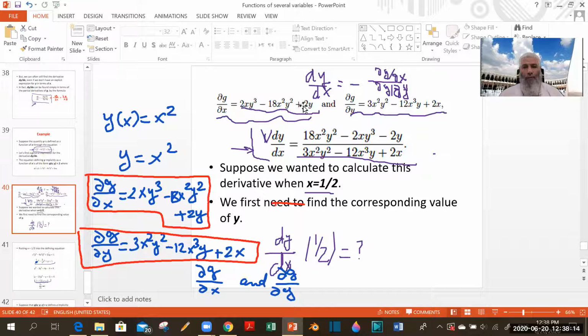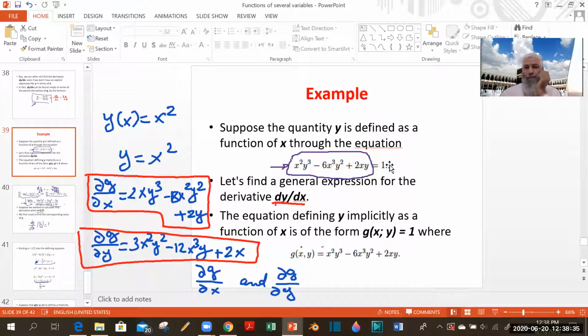And we calculated this like we did, and calculated this like we did. Now, dy dx is negative this. I write it in green color. So dy dx is negative dg dy divided by dg dx.